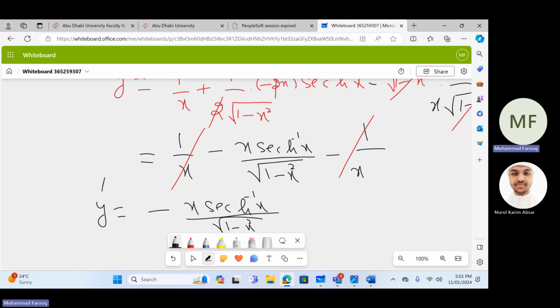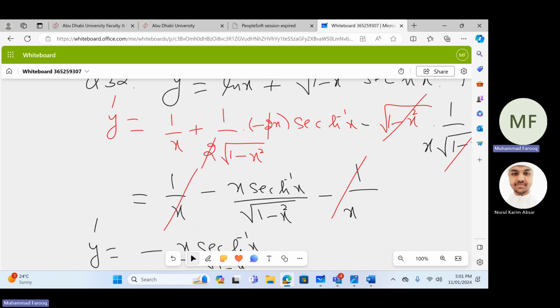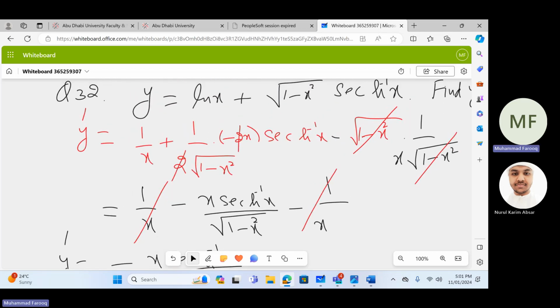Just follow the formula sheet and use the product rule, quotient rule, power rule, or chain rule. You have learned them already. Why did we change the sign from positive to negative? Because look at the formula sheet: the secant inverse derivative has a negative sign. That's why.